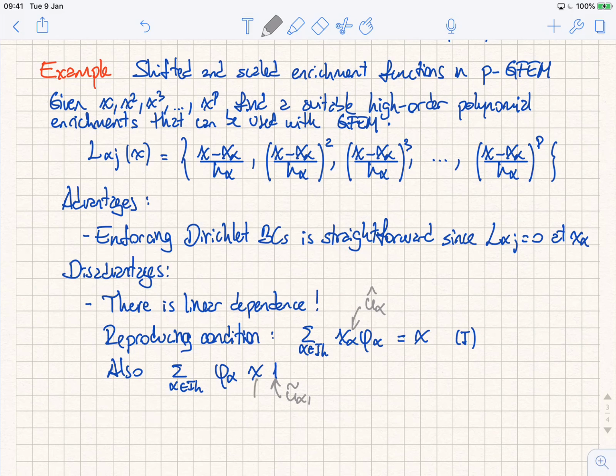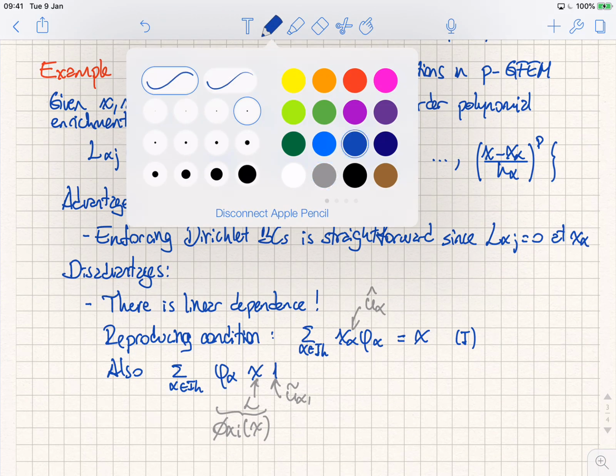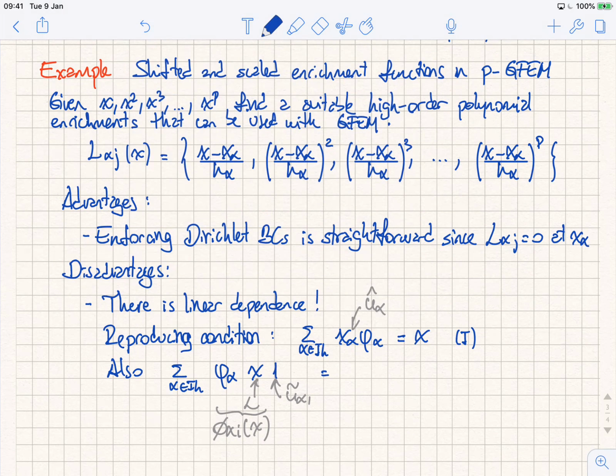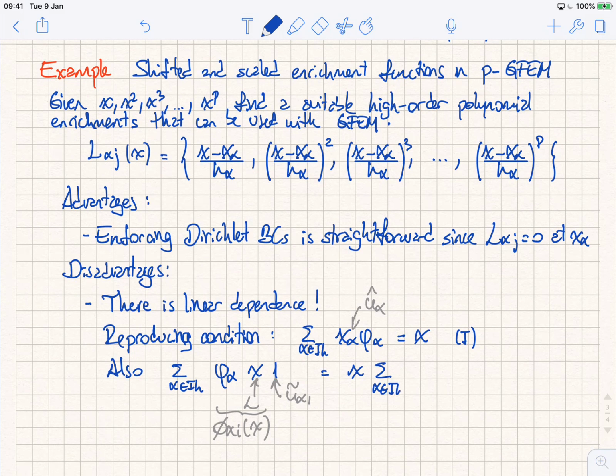And this guy here is my enrichment function L. So this whole thing is my generalized enrichment function phi alpha I. Notice that I changed phi again. And this is equal to x multiplied by the partition of unity, which by now you know is equal to 1, and this gives me x.